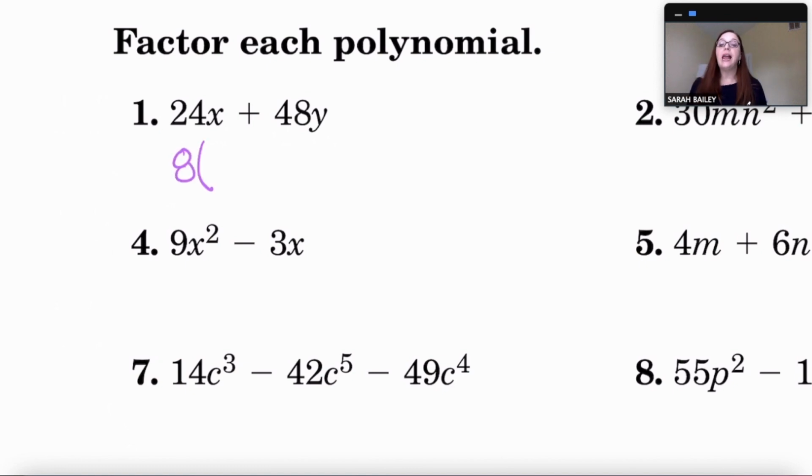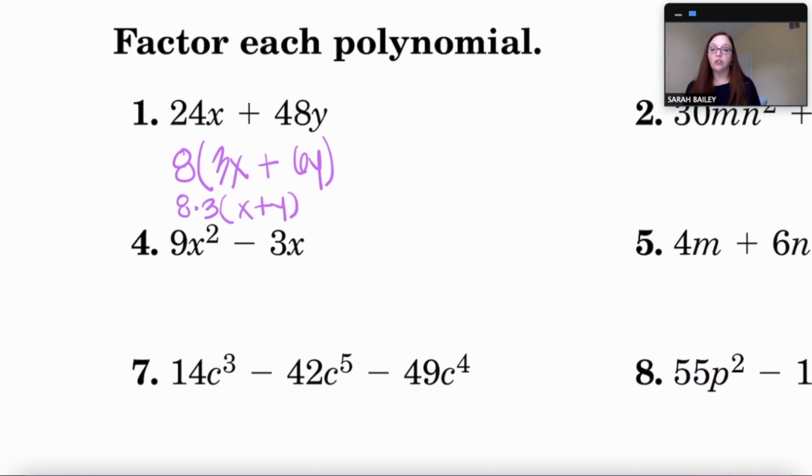If I pull an 8 out of 24x, that leaves me with 3x. If I pull an 8 out of 48y, that leaves me with 6y. Actually, I see that I could pull out another number, because from 3 and 6 I can factor out a 3. That's going to leave me with 8 times 3, and that would be x plus y.